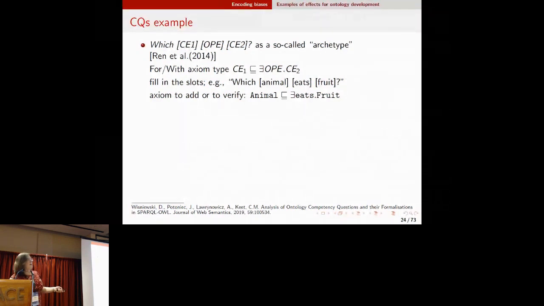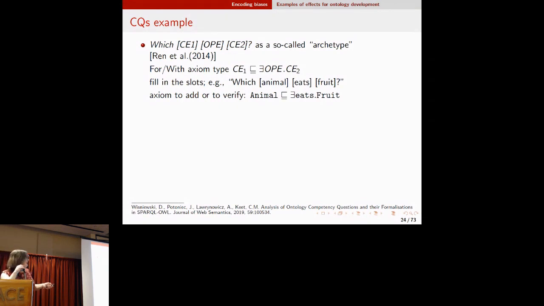They were so-called archetypes, and they were assumed to map to exactly one type of axiom. So this is an axiom type that it would link to. If you have this kind of pattern in your question, you would put that kind of axiom into your ontology. It was just a one-to-one mapping, and a one-to-one mapping of the term in the question to the term that you put in your ontology. And when we were working on test-driven development, we stumbled into the fact that it wasn't actually working like that.